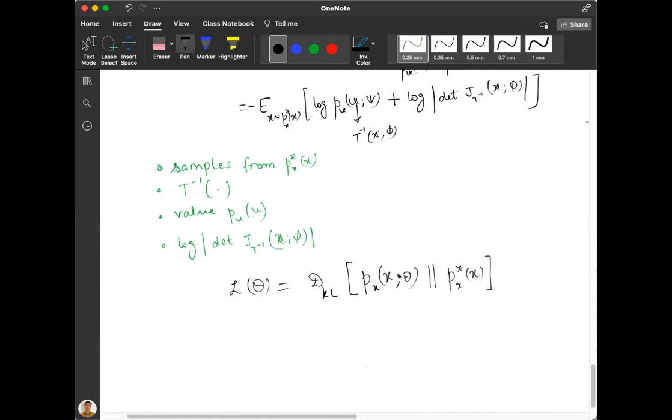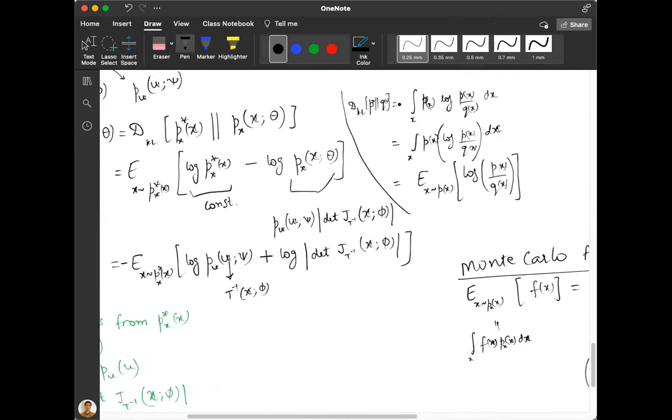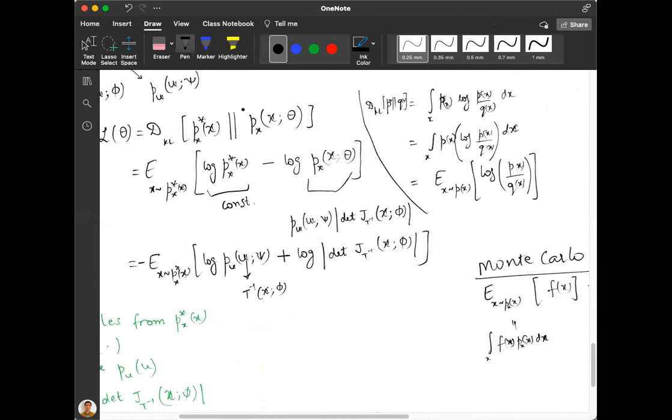Now to expand it, remember this form: it is P log P upon Q. So here P will come, and since you have reversed the two, the other thing will come here.